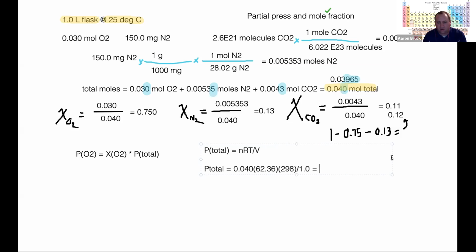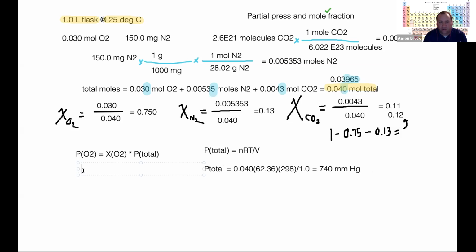So I do those calculations. 0.04 times 62.36 times 298 divided by 1. I get 740 millimeters of mercury as my total pressure. And so now that I know the total pressure of the system, I can apply each of these mole fractions to it to figure out their partial pressures.